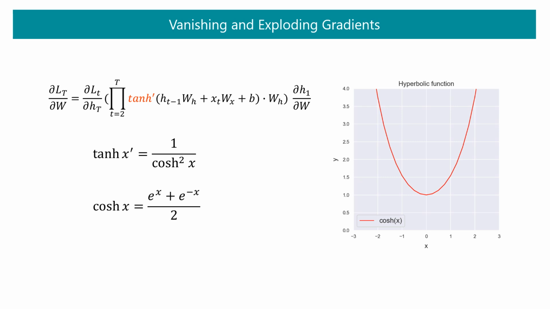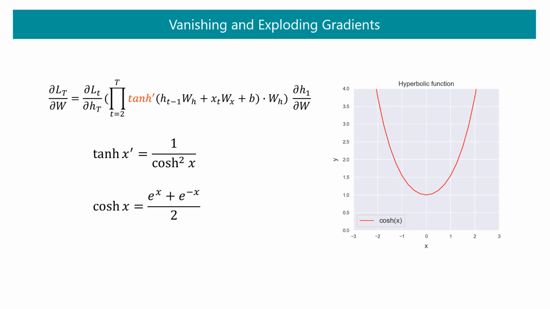When x is 0, the hyperbolic cosine is 1, and otherwise it is greater than 1. Thus, the derivative of the hyperbolic tangent is smaller than 1, unless x is 0. Since the derivative of the hyperbolic tangent is smaller than 1, the larger t becomes, the smaller the gradient will be.